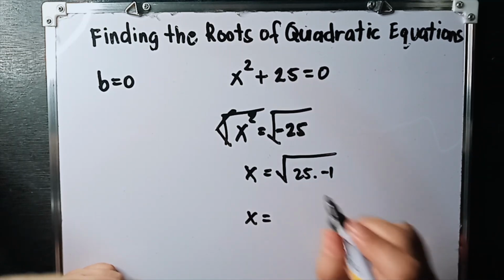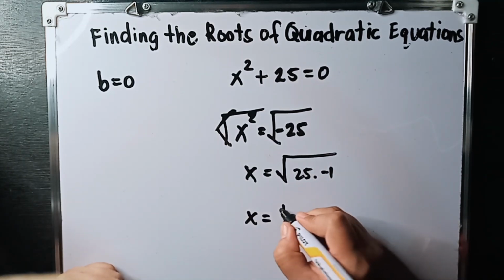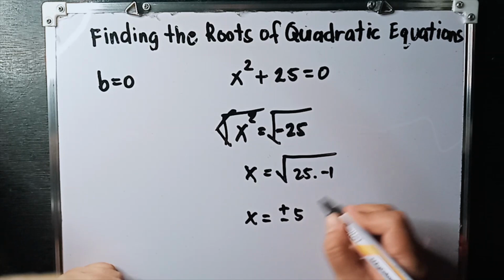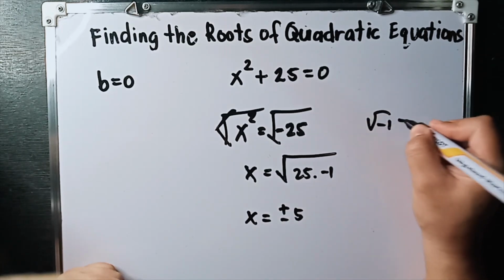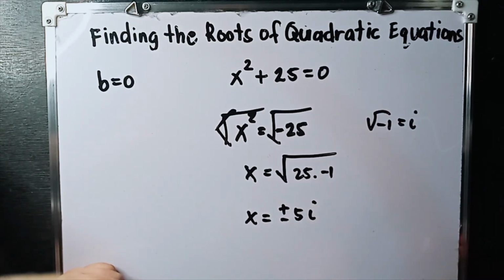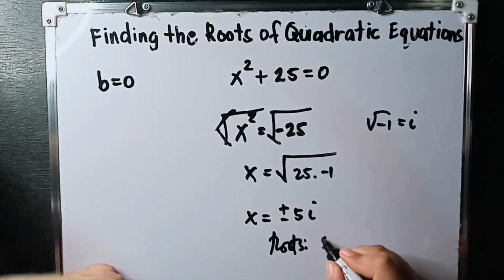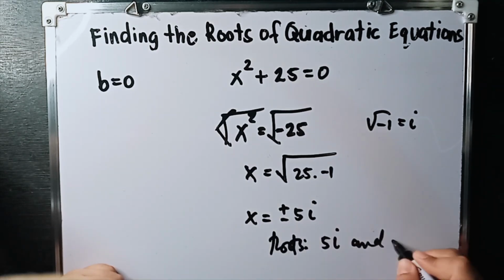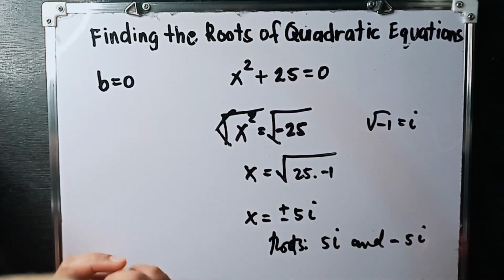Okay, remember that 25 is a perfect square, so we have positive negative 5. And we know that the square root of negative 1 is I, so imaginary. So, ito na yung mga roots. So, roots are 5i and negative 5i. So, that's it for finding the roots of quadratic equations.